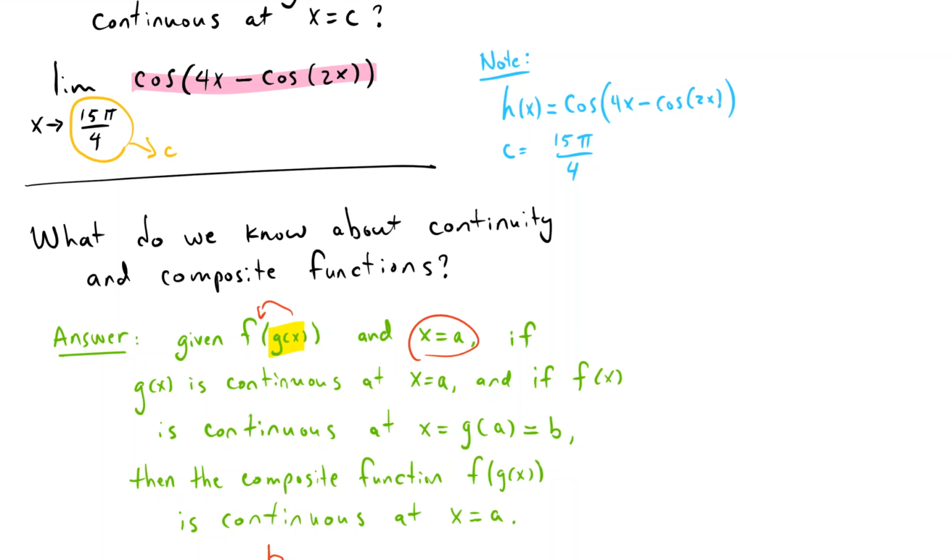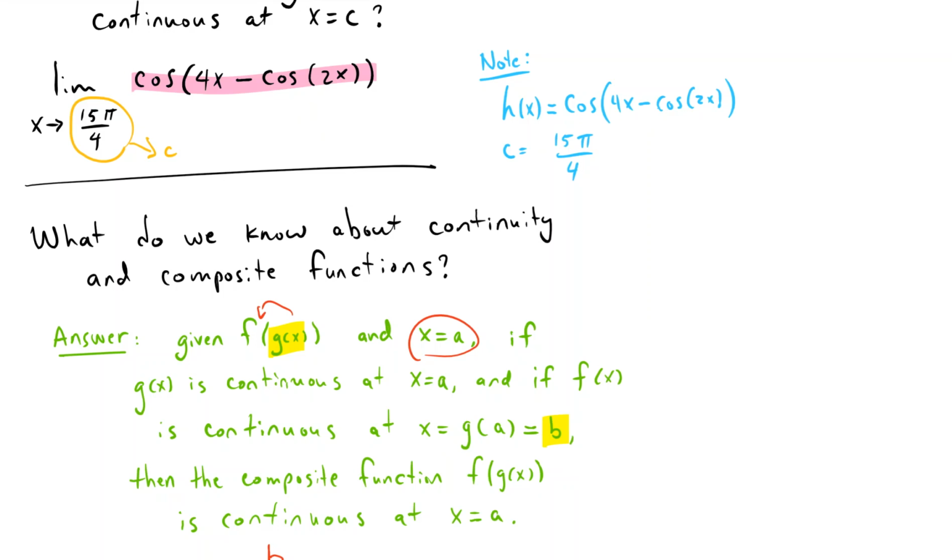If g is continuous at a, and if f is continuous at the output of g evaluated at a, which we'll call b, then the composite function f of g is also continuous at a.